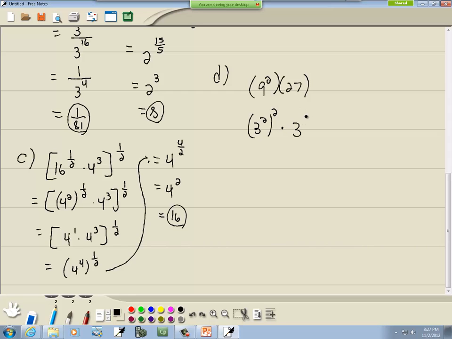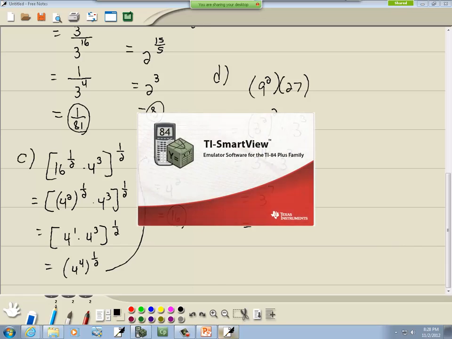And 27 is 3 to the 3rd. So then you raise this exponent to this exponent, you multiply the exponents. 2 times 2 is 4. And that carries down. Now we'll add the exponents. 3 plus 4 is 7. I'm just thinking there's no way I'm going to be able to do that one. So let me go to my calculator.